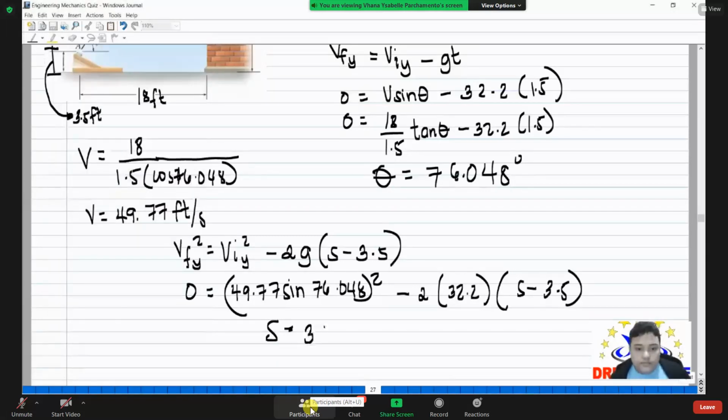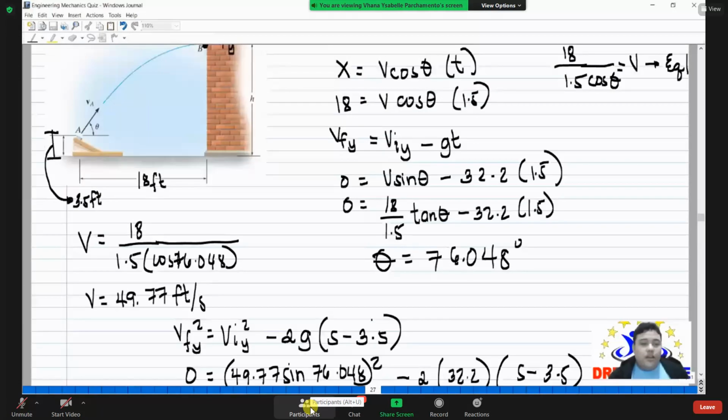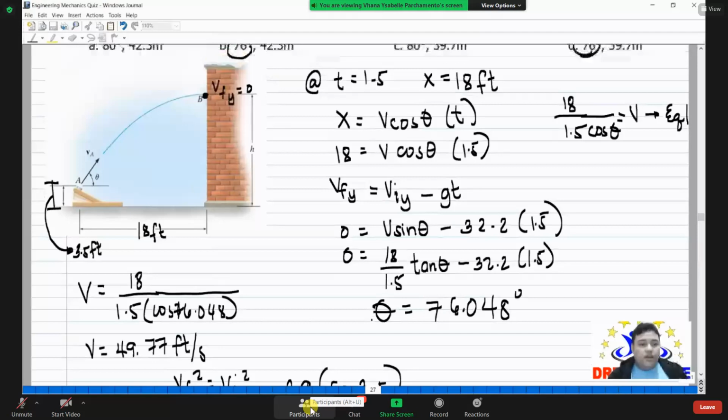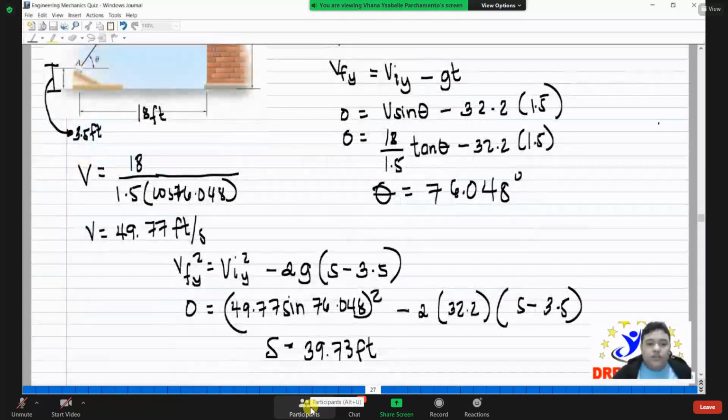So this is 39.73 feet. So pwede rin yung general equation of the projectile. Letter D. D yung sagot.